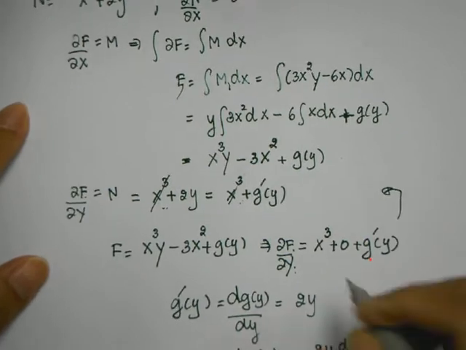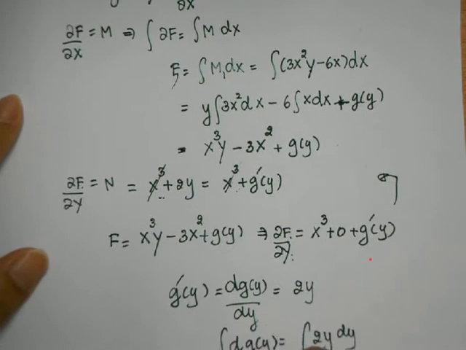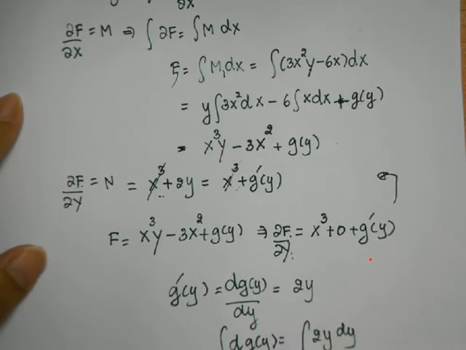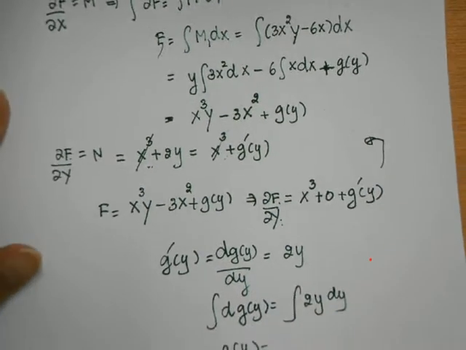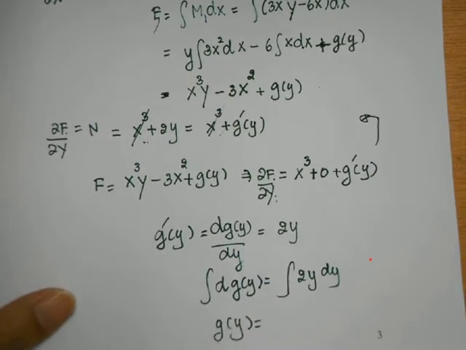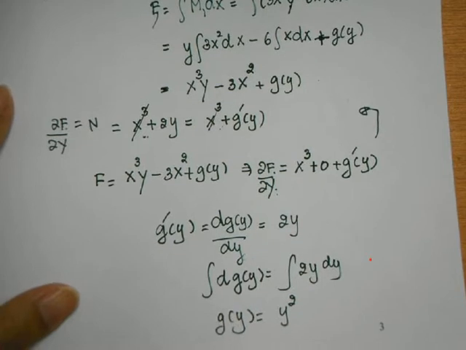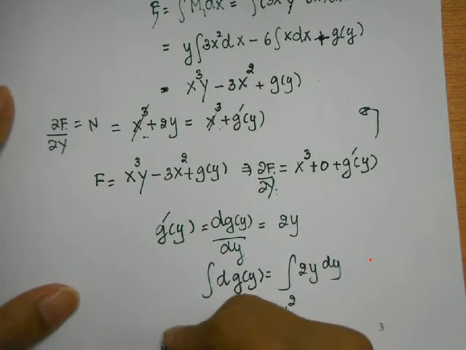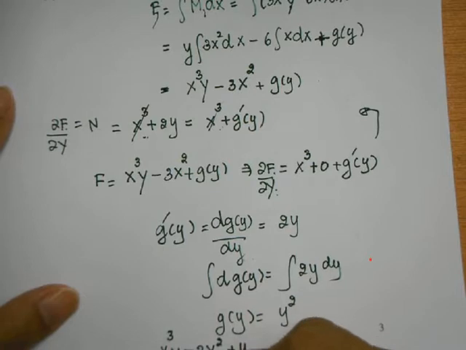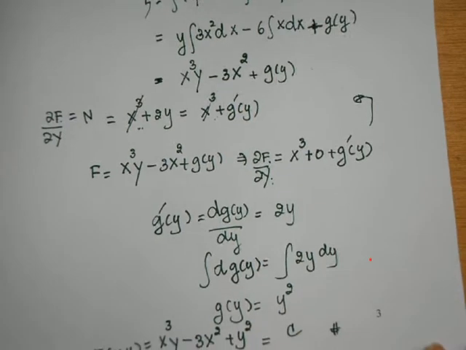You integrate both sides, you would get g(y) is equal to what? y squared. So that means you would get f(x,y) equal to x to the power 3 times y minus 3x squared plus y squared equal to c. That is the answer.